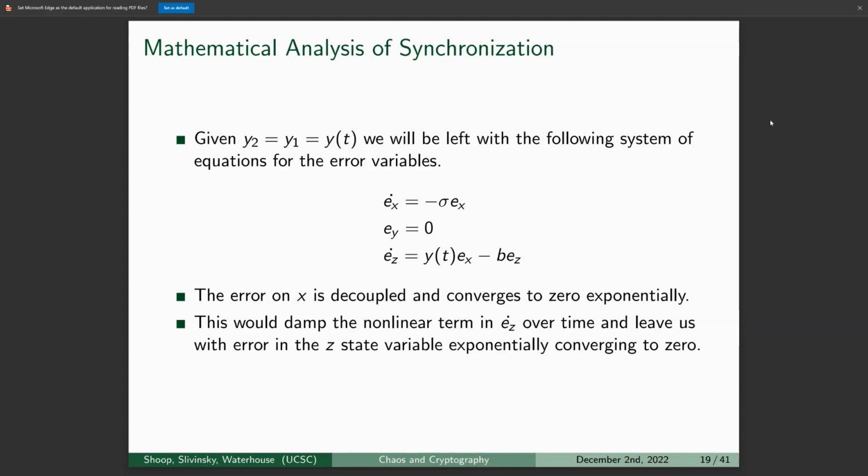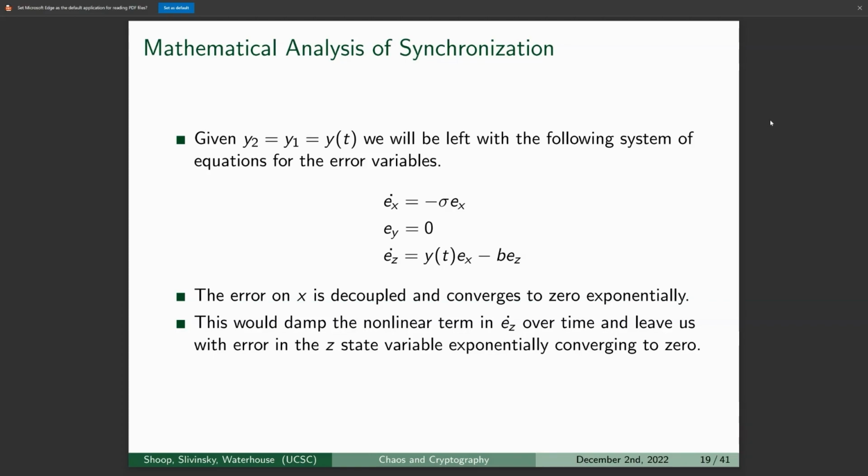And one way we can look at the E sub z dot equation is that over a long period of time, we know now that E sub x, the error in x, is going to converge to 0, so that nonlinear term y of t multiplied with E sub x is going to disappear as E sub x converges to 0. And then we'll have a sort of decoupled system also, where E sub z dot is only dependent on E sub z over a long period of time.